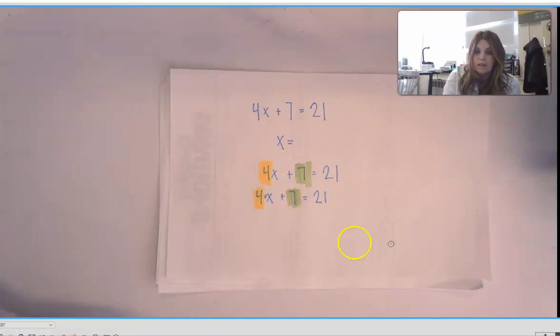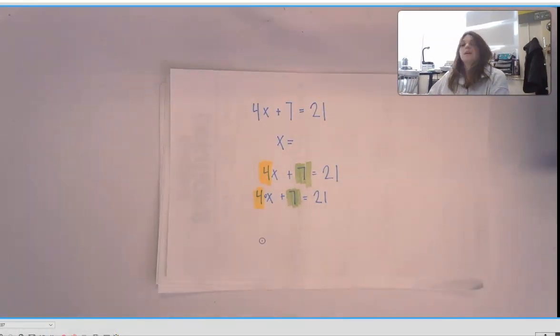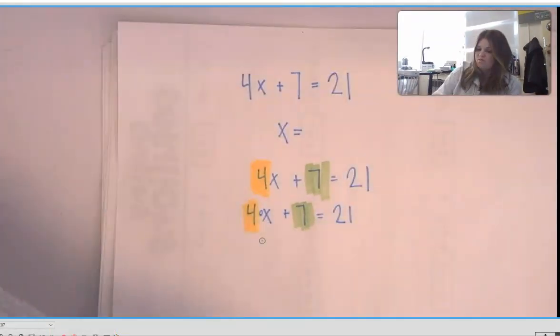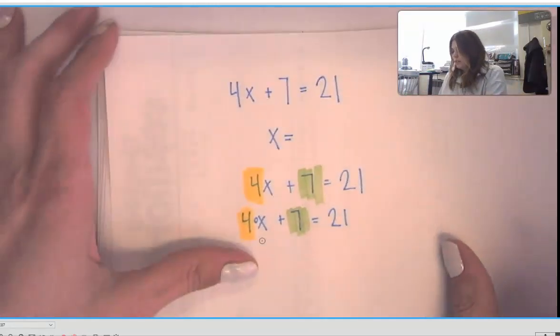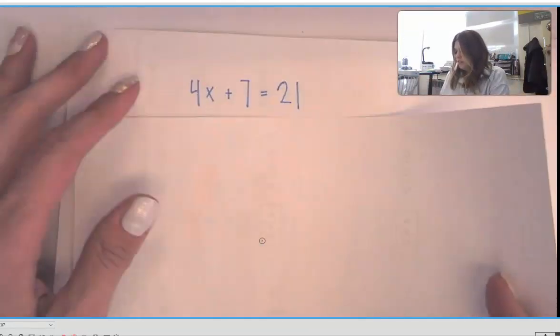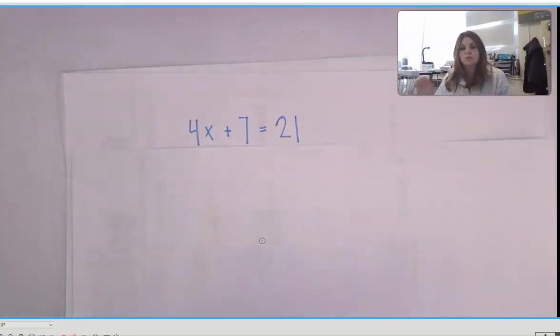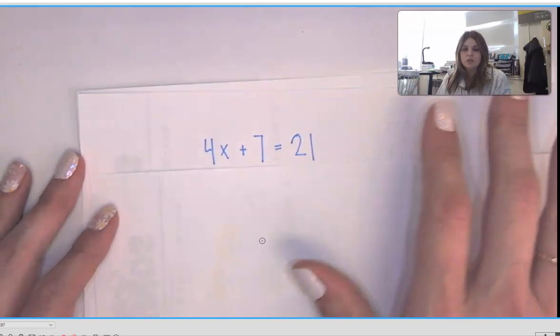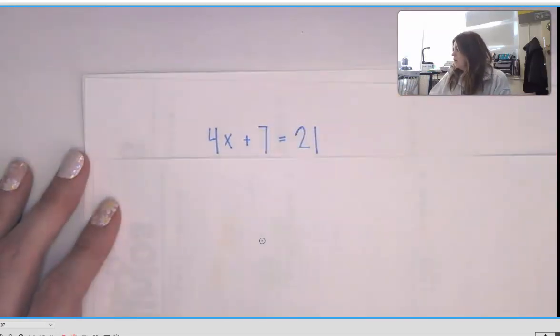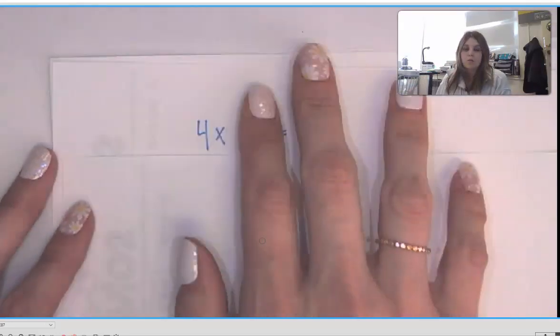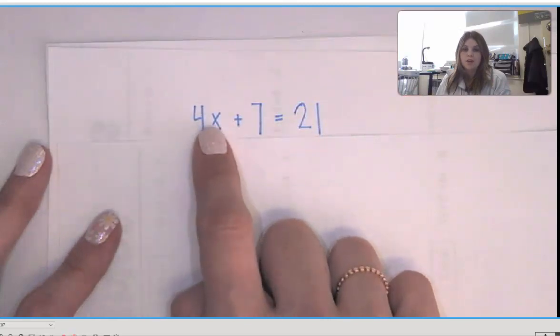So I have here what we call a two-step equation. And the point of this equation, or what we're supposed to do, is solve this equation. Lots of the time when we talk about equations, we're talking about how we want to know what x is.